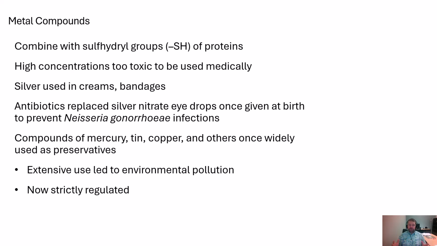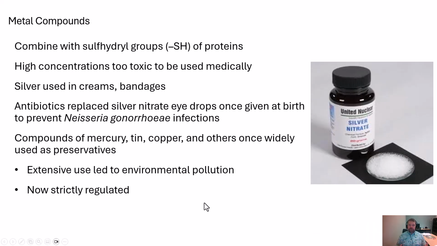But the problem with metals, and why majority of places are moving away from metal compounds, is things like silver nitrate, which used to be used constantly and still is used, but it's not a matter of it doesn't work, or like it works better than antibiotics, or it doesn't work as good as antibiotics.